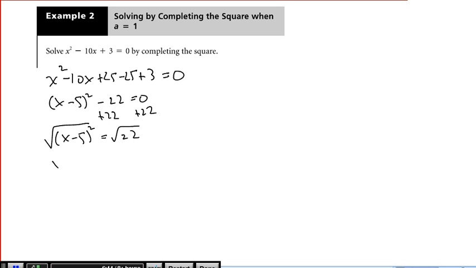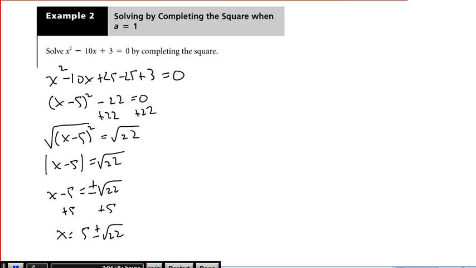Square root both sides. I get the absolute value of x − 5 equals root 22. So x − 5 equals positive or negative root 22. Add 5 to both sides. Okay, so there's our exact value answer.